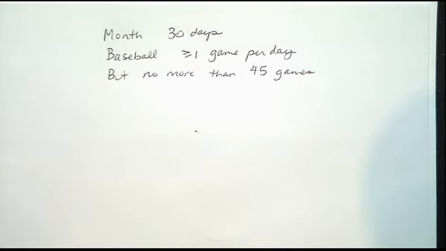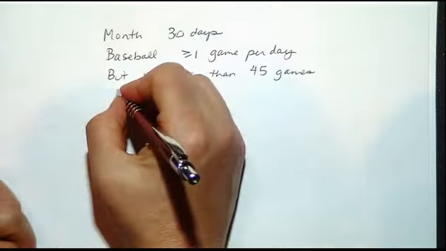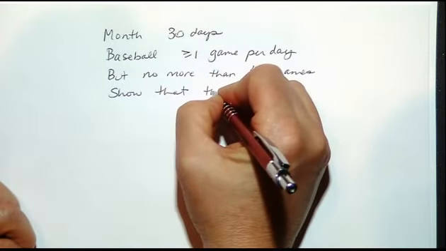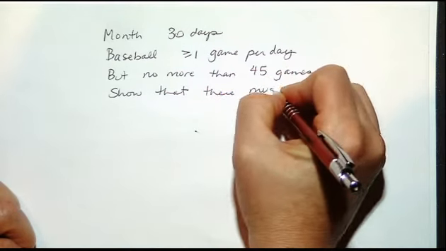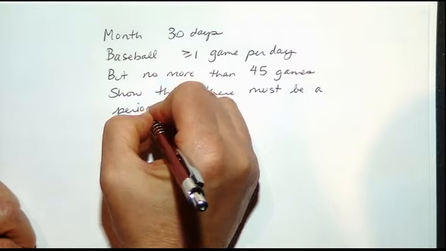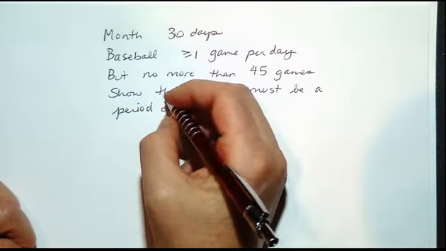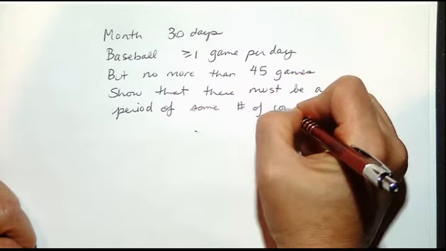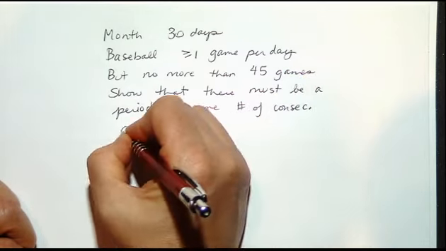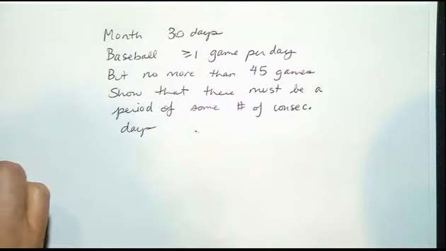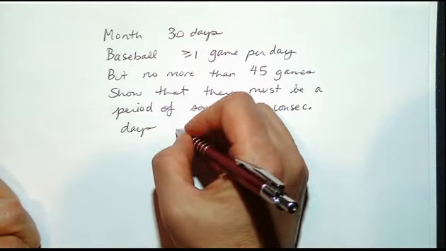Okay. So what we're going to do is show that there must be a period of some number of consecutive days during which the team must play exactly 14 games.